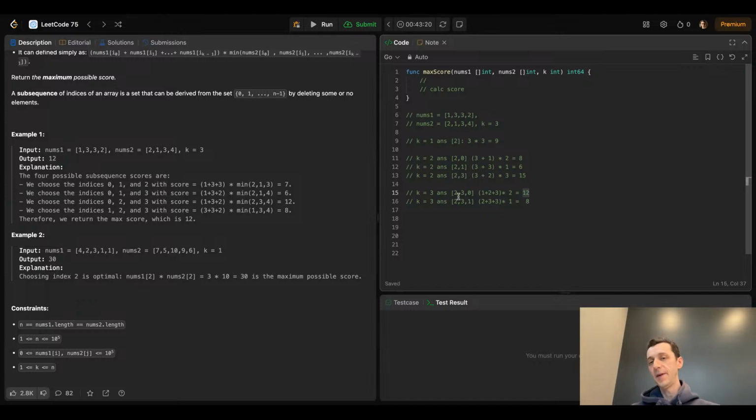So in this instance, this path did bring us to the right answer eventually, but I'm not convinced that it's going to do that in all different cases.